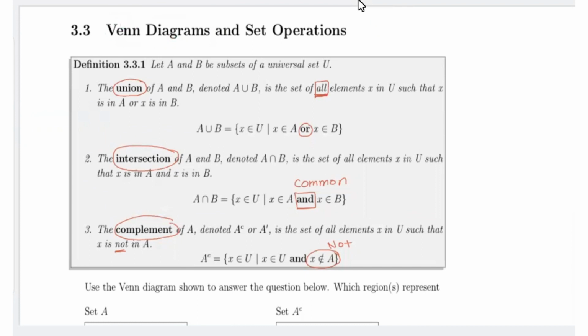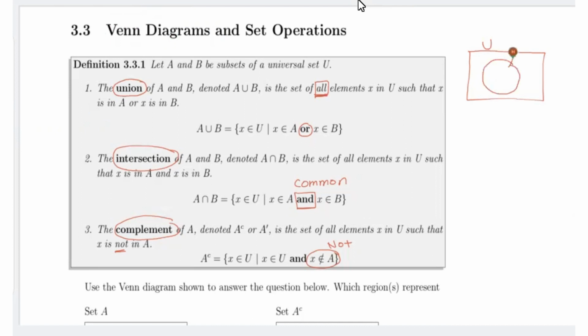So here is the notation. The universal set is important. The universal set is always denoted by a box. A subset is always denoted by a circle.